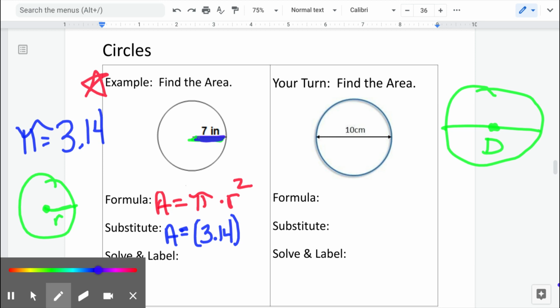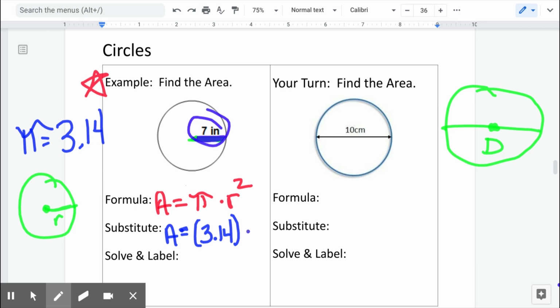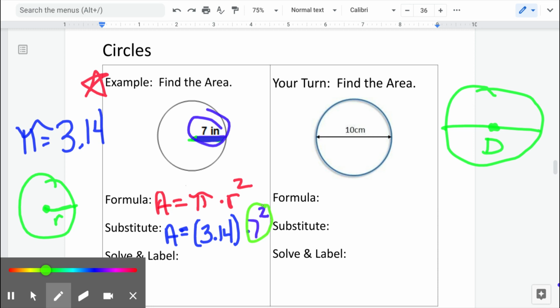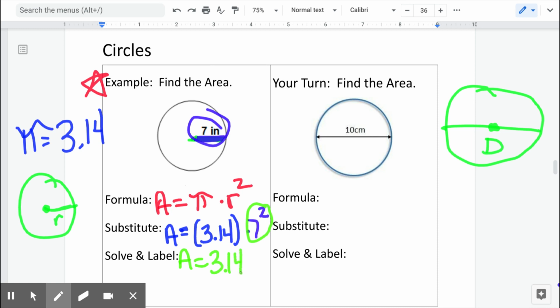Okay, so here we have 3.14 times radius squared. Our radius is 7, so we have 7 squared here. Order of operations says you must start with your exponents. So I'm going to start by solving and say area equals 3.14 times 7 squared is 49.